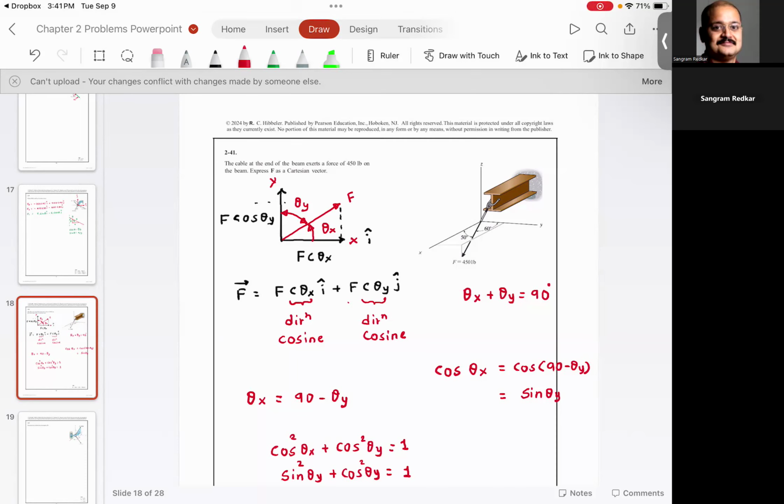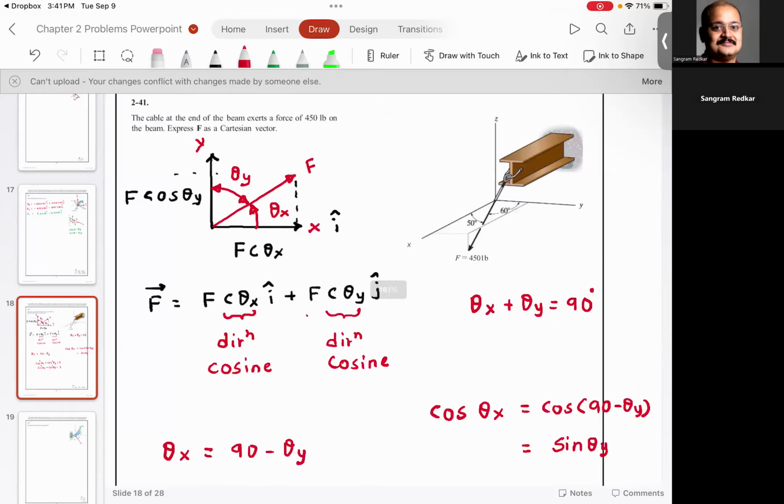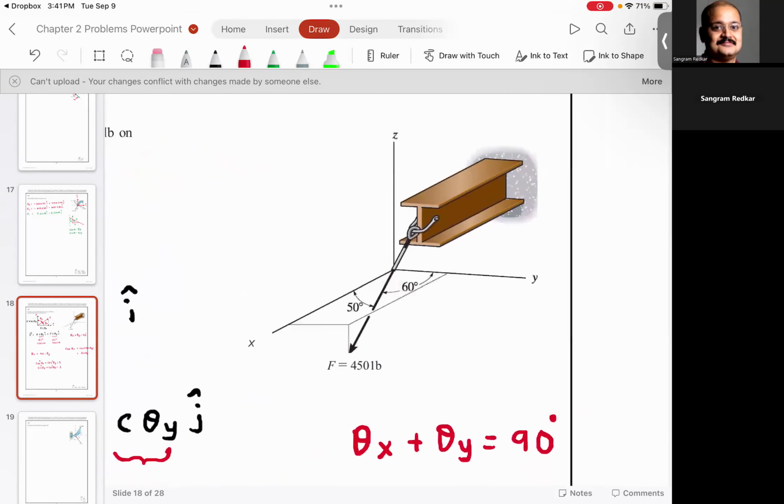Now, this problem is extremely important. When I look at that figure very closely, what do you see? You see this force. You see the angle made by this force with respect to positive x-axis.